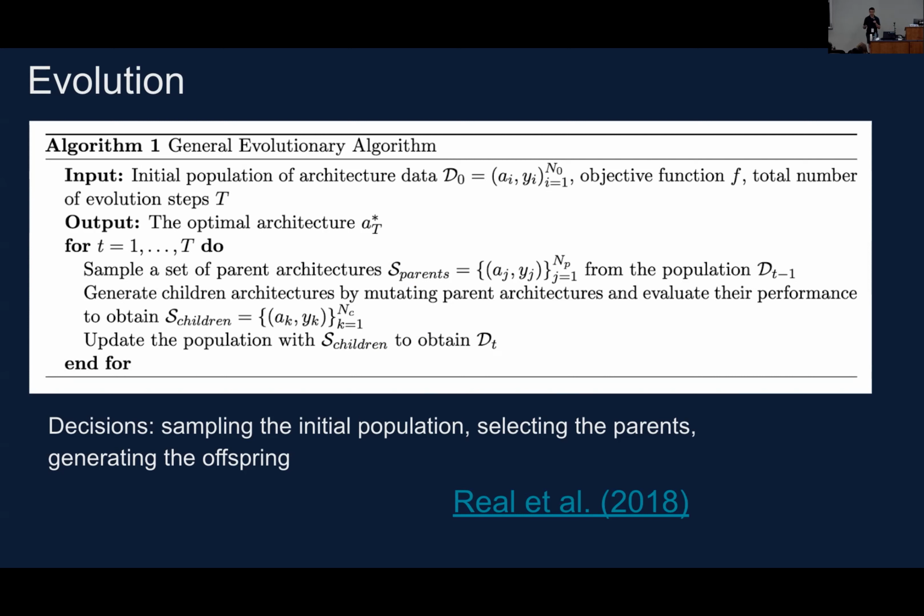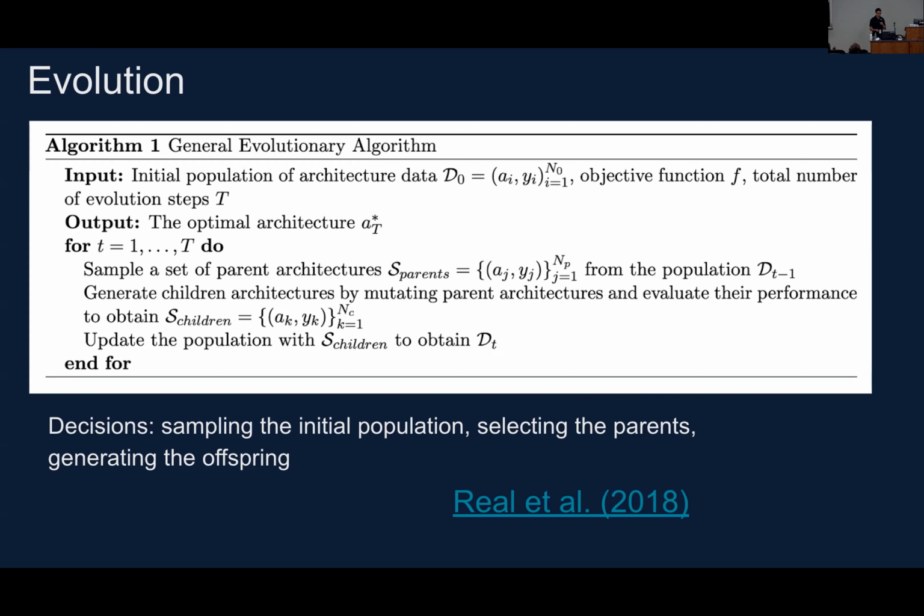Say we have like 50 architectures, and then they have some sort of tournament, which might involve randomly picking architectures and then picking the best architectures from that random sample. And then we generate offspring from these strong architectures, for example, by just mutating the architectures. And then at the end of each iteration, we kill off the oldest architectures. Okay, so just this simple evolution-based method can achieve state-of-the-art performance.